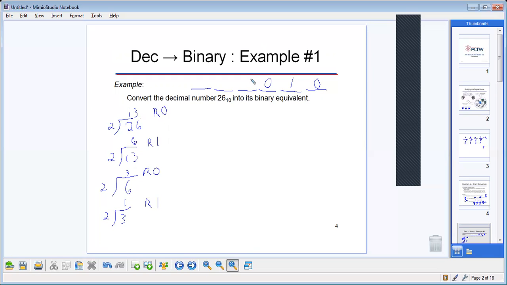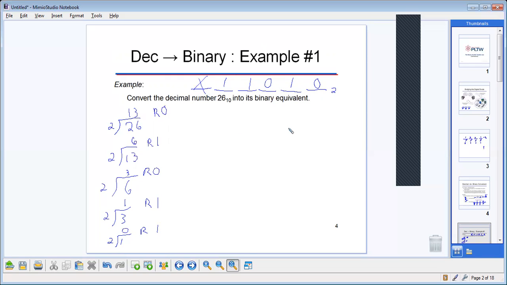So there would be the 1. And then I have 1 divided by 2. Goes in 0 times with a remainder of 1. All right, so let's see if we did that correctly. I'm just not using that place. 1, 1, 0, 1, 0, base 2 should equal 26.